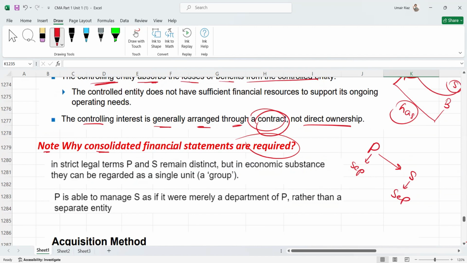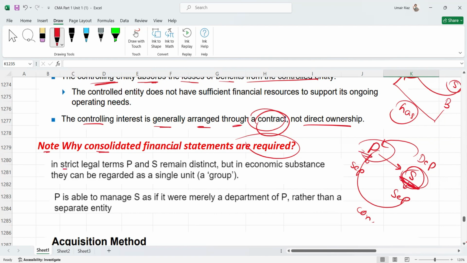But if you look at the substance over form, or the economic reality of these companies, we can say that S is one department of P, and this department is managed by P, right? So not legally, but due to substance over form, due to economic reality, we prepare the consolidated financial statements, because technically we see the subsidiary as one of the departments of the parent company.